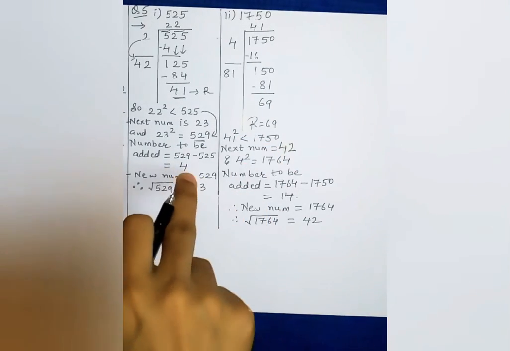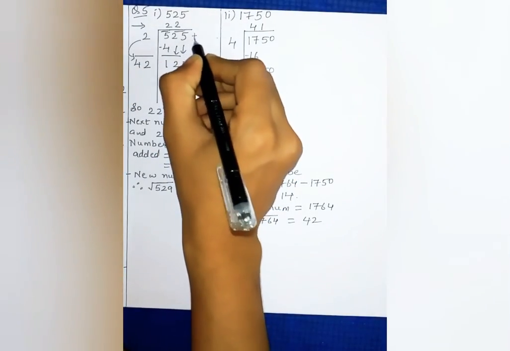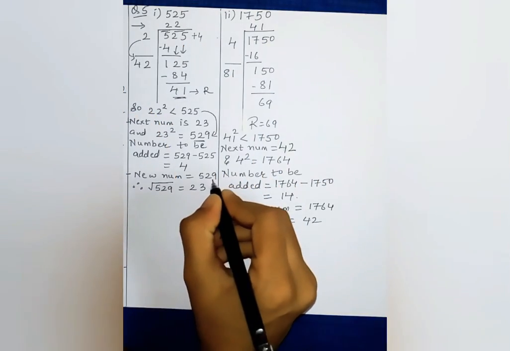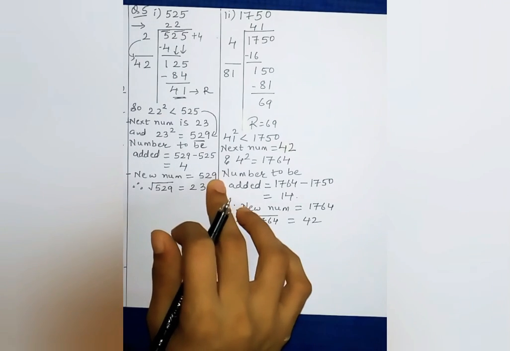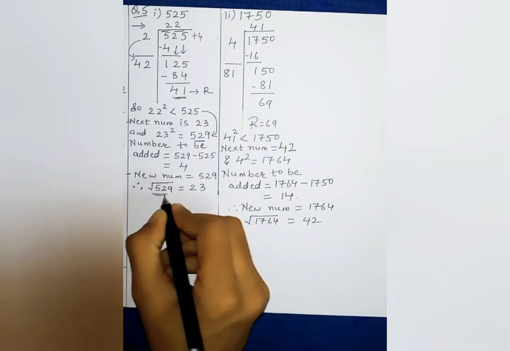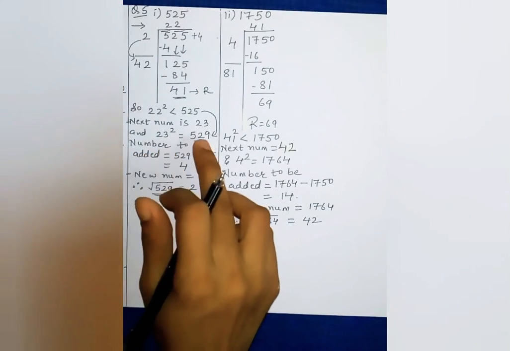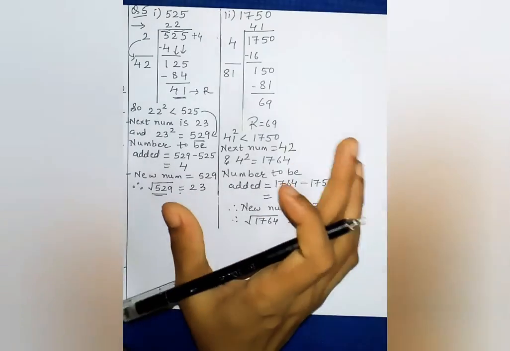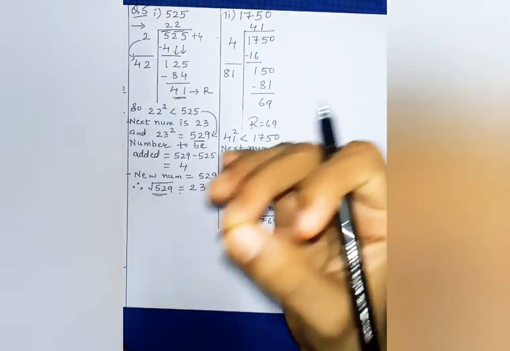So 4 is the number that we have to add here. If you add 4, your new number will be 529. So the new number is 529 and the square root of 529 is equal to 23. So this is question number 5: which number should be added?